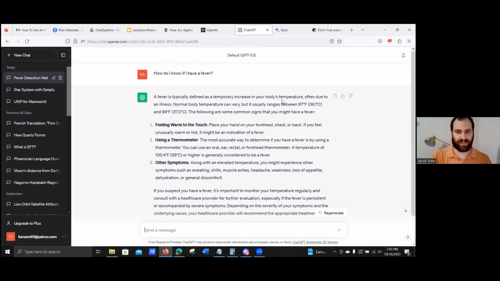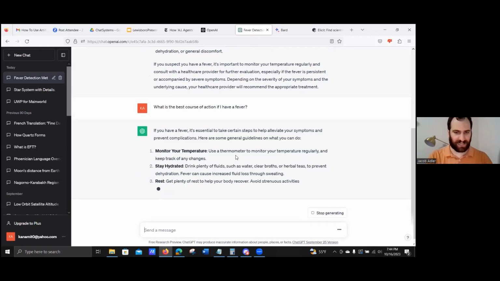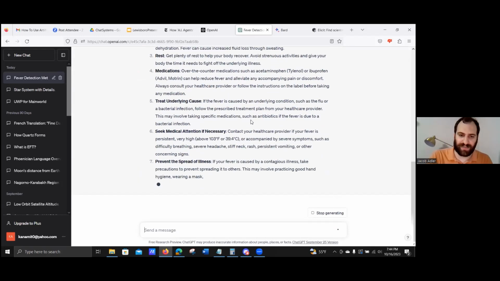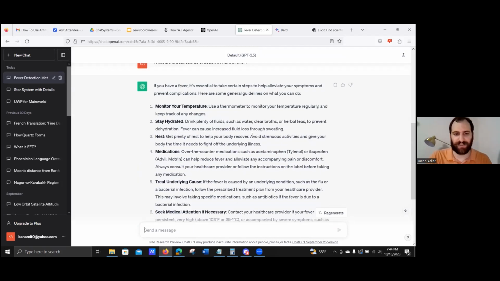A fever is defined as when you have a temperature between this and this, when you feel warm to the touch, when you have chills and muscle aches and all that stuff. And again, we can continue this conversation. We can go, what is the best course of action if I have a fever? And then it's going to give us a list of things to do.